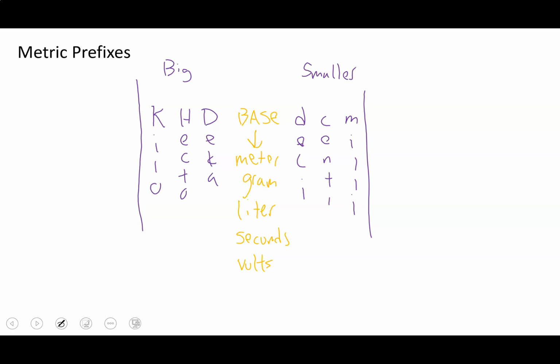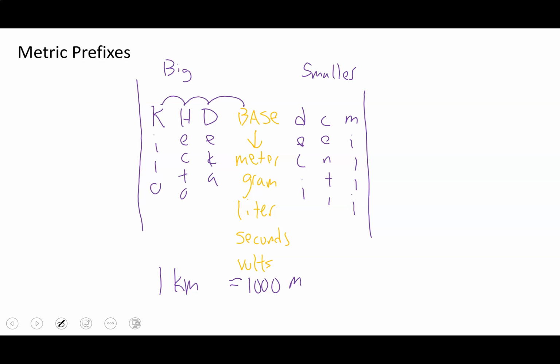So if I go with a kilometer, 1 kilometer is equivalent to how many meters? We figure out how many jumps we are away from the base. It's 1 jump, 2 jumps, 3 jumps, so 3 zeros. A kilometer is bigger, and it takes 1,000 meters to make 1 kilometer.